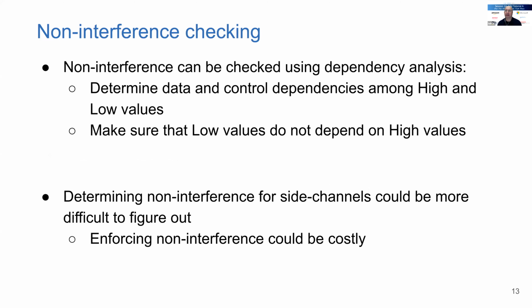This can be checked in some work using dependency analysis, determining data and control dependencies among high and low values, and making sure that low values do not depend on high values. So if you can show there is no dependency, you may be able to show that there is non-interference, so information doesn't leak. Determining non-interference for side channels could be more complicated.